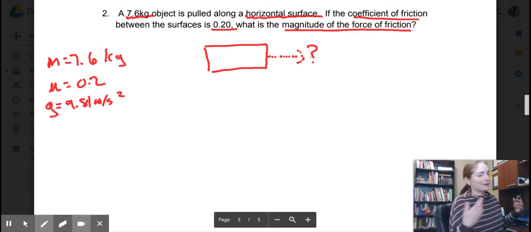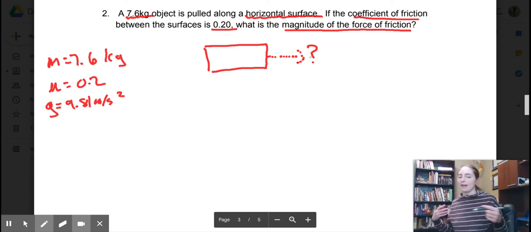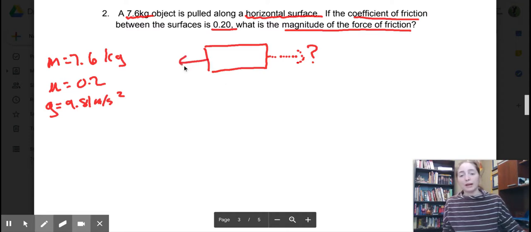We don't know if it's going to be longer than our force of friction arrow. We just don't know. Okay, so we absolutely know we have a force of friction. We have been given mu. We absolutely know we have an Fg, and we absolutely know that we are going to have a normal force.